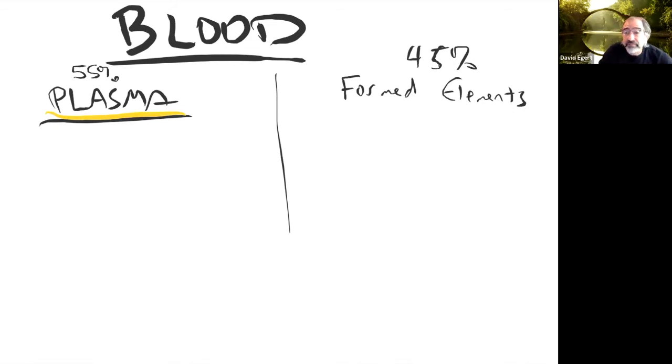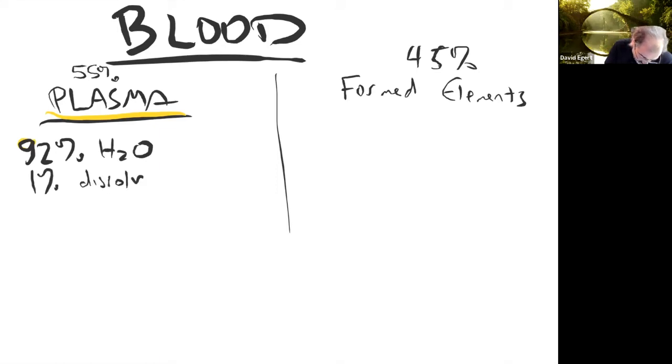Plasma obviously is mainly water. So, again, these numbers are always a little silly, but I'll say 92% H2O, maybe 1% dissolved solutes. You got glucose, etc. Gases, whatever.